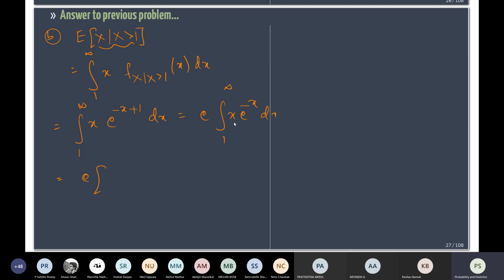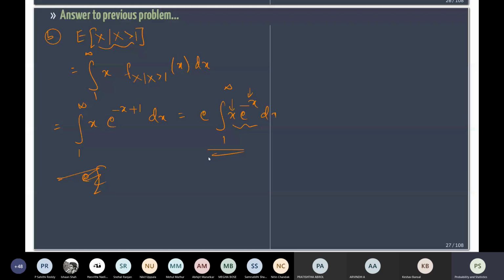I think it should be possible to solve this further. You can use the product rule of differentiation: take one as the first function and the other as the second function, then the first times the integration of the second, minus the integral of the differentiation of the first times the integration of the second, and so on. So you should be able to compute this and find an answer.